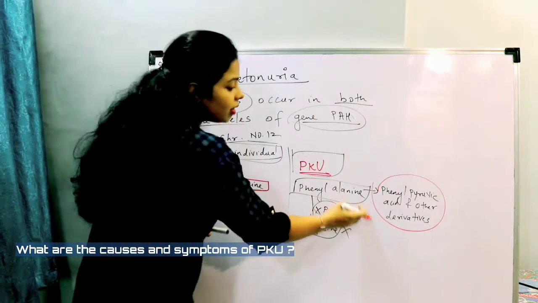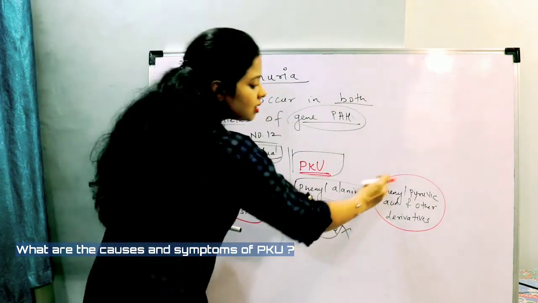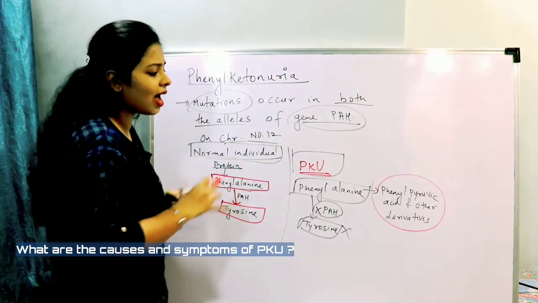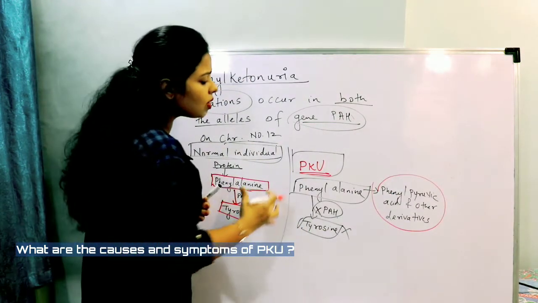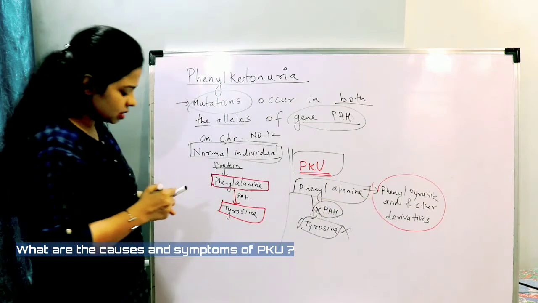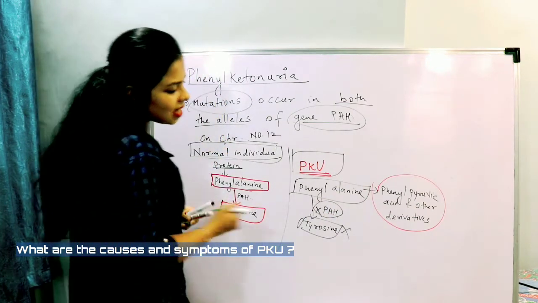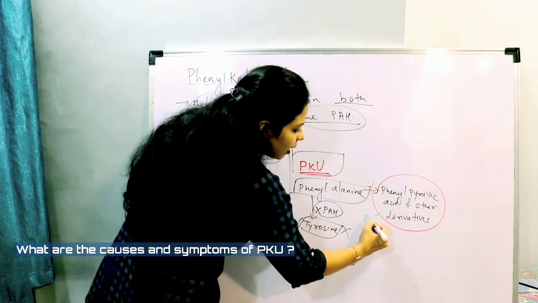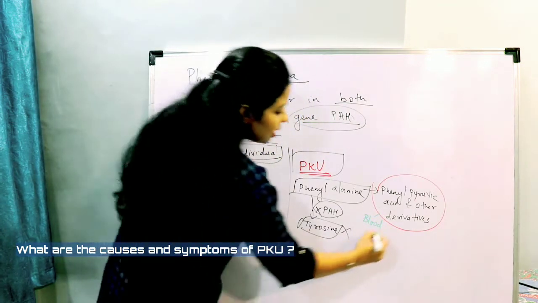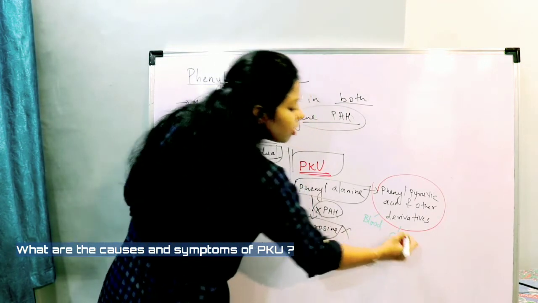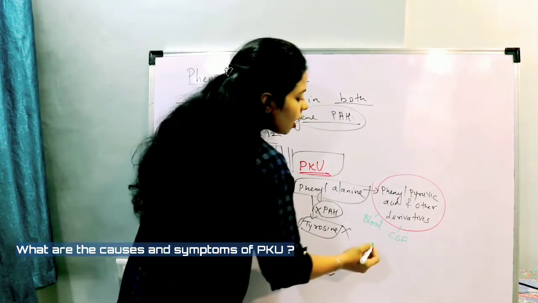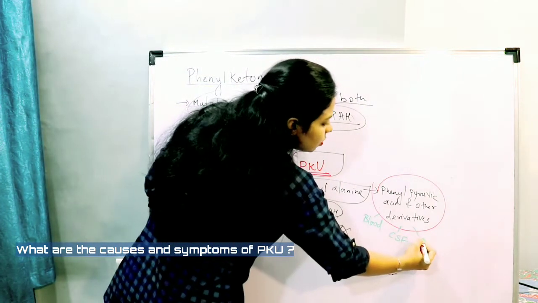They accumulate along with phenylalanine. These derivatives also accumulate at certain places. Now let's see where all this accumulation occurs. See here, these derivatives accumulate in blood, then in the cerebrospinal fluid of your brain, and these are excreted in urine.